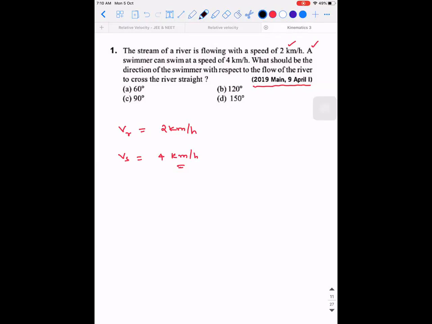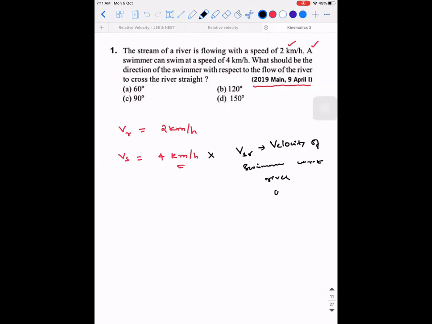It is not Vs that is given to us. Whenever they say the swimmer can swim, they're trying to say the velocity of the swimmer with respect to river. So observe. There's an important keyword, make a note of it. This is called the velocity of swimmer with respect to river, right?